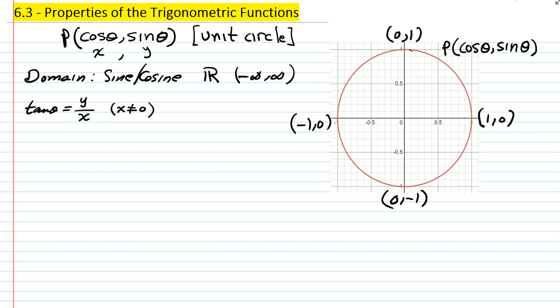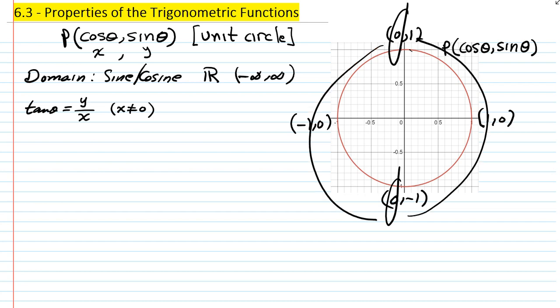So division by 0 is undefined. That means x cannot be 0, right? Well, where does 0 occur? 0 occurs at 90 degrees, 0 occurs at 270 degrees, and every subsequent rotation of those.